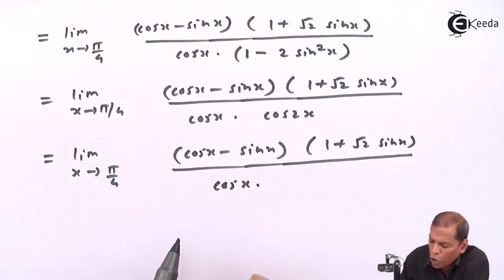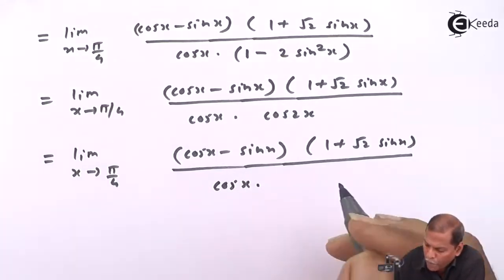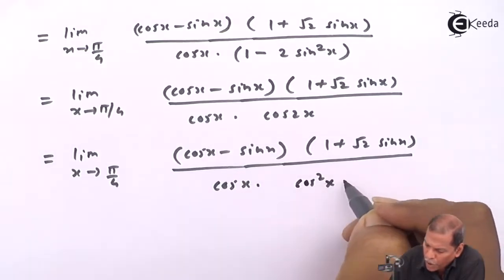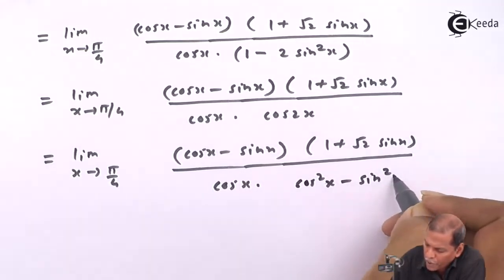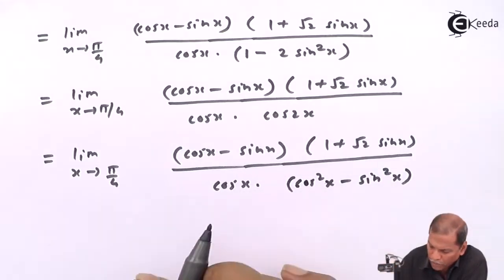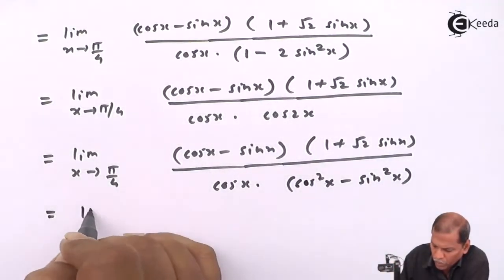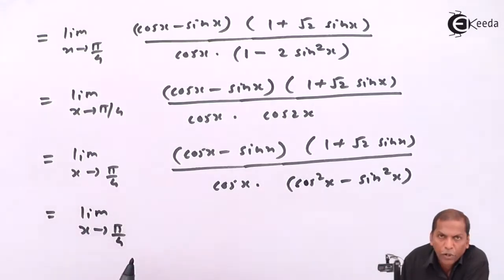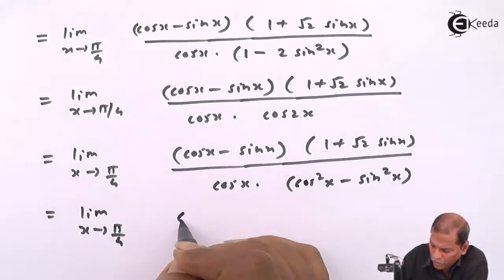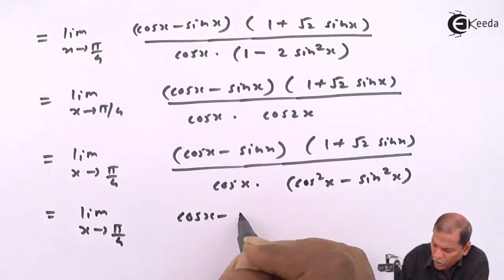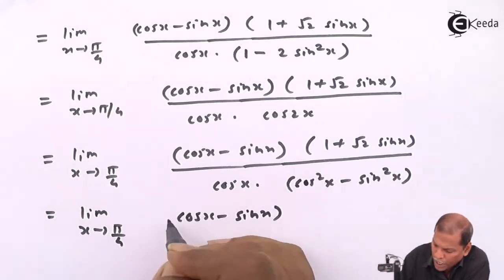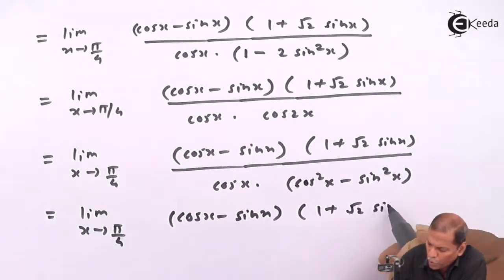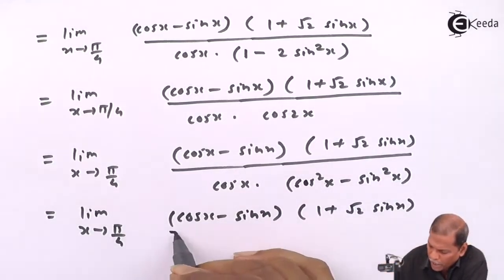Now for cos 2x we apply the trigonometric formula, that is cos square x minus sin square x. The next step will be limit x tends to pi by 4, (cos x minus sin x) first bracket, (1 plus root 2 sin x) second bracket.